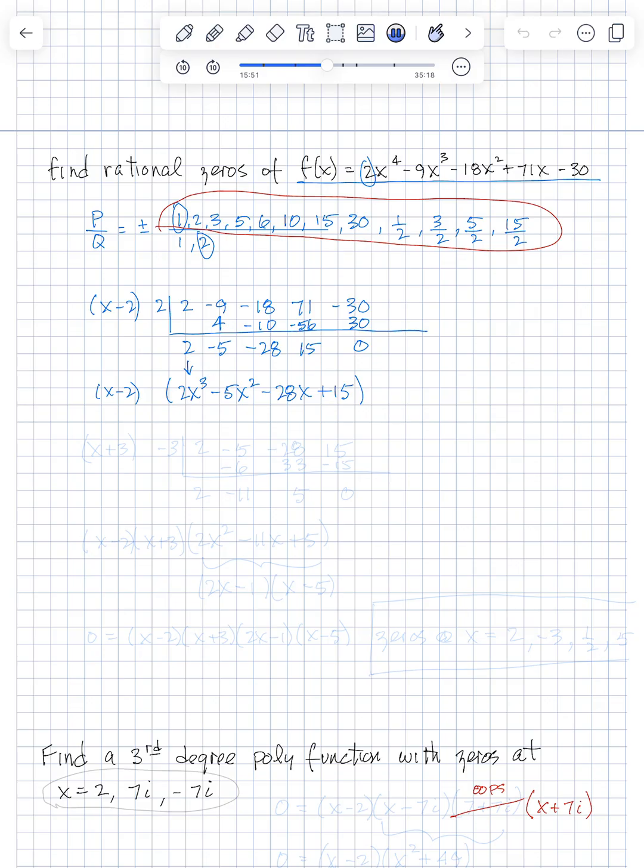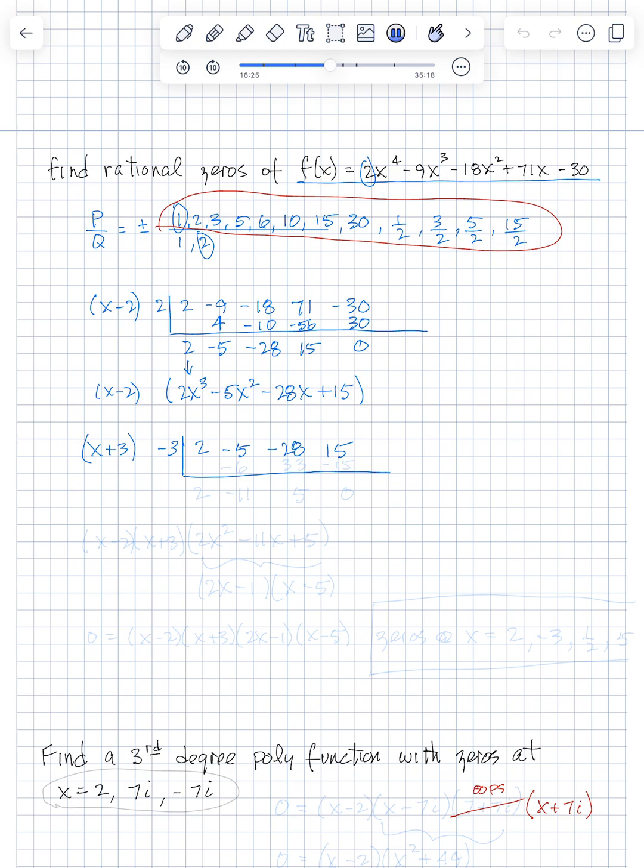If we don't see a factor in that, then we can just go ahead and do synthetic division again, which is what we're going to do. So we'll bring down those numbers. So we have a 2, -5, -28, and 15. And this time I'm going to use a -3, which means x plus 3 would be a factor. And I happen to know that, again, from looking at the graph.